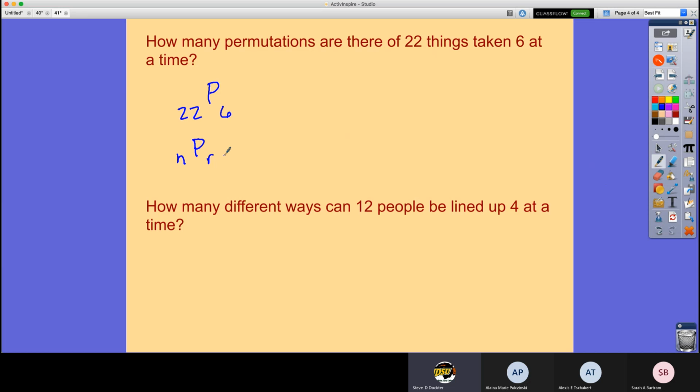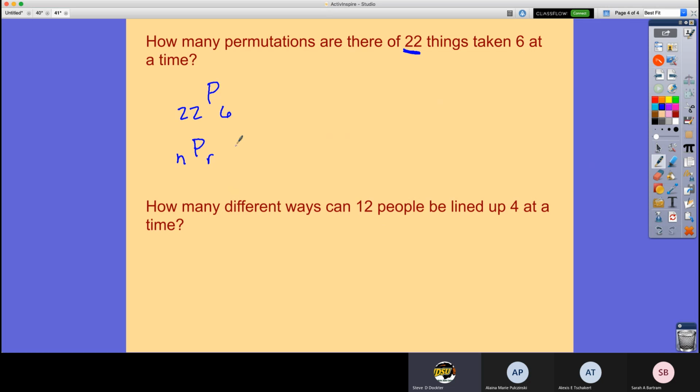nPr. And all of your calculators have this button on them. It's hidden sometimes, but you'll see this nPr button on there. The n is always the total number of objects that you have in the problem, so in this case it is the 22. The r is how many you're taking at a time, so that would be the 6 here.